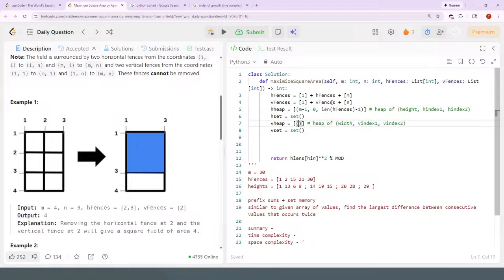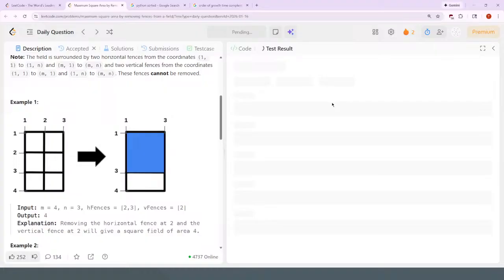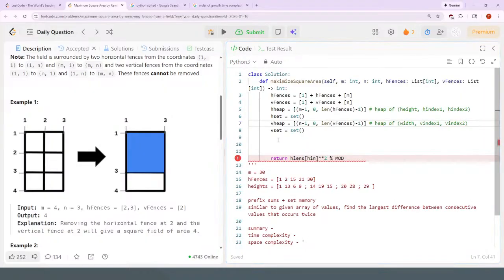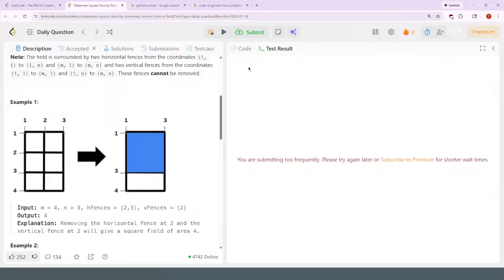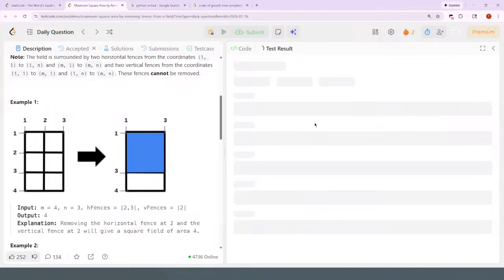And then this one would be N minus 1, 0, length of V fences minus 1. Oh, whoops, this is going to crash. Okay. 1, 2, 3, go.